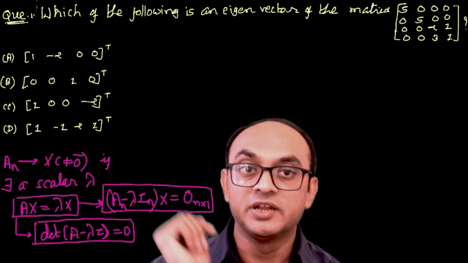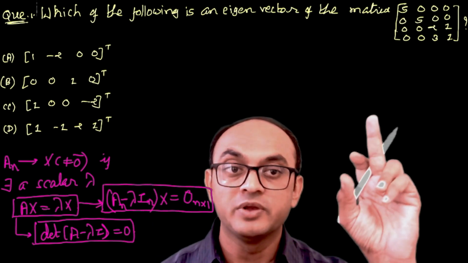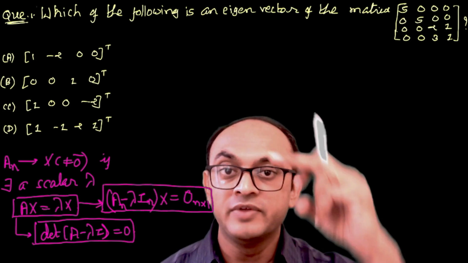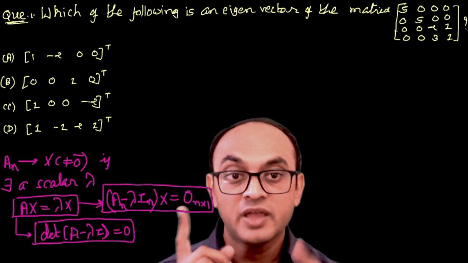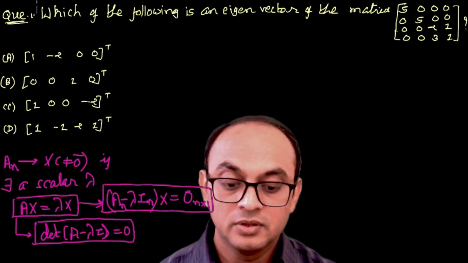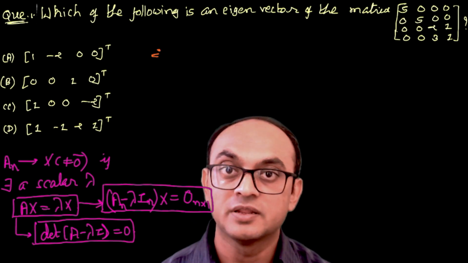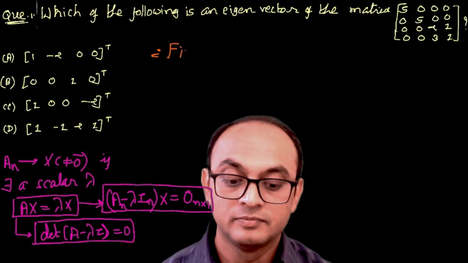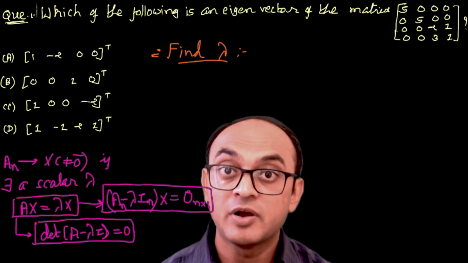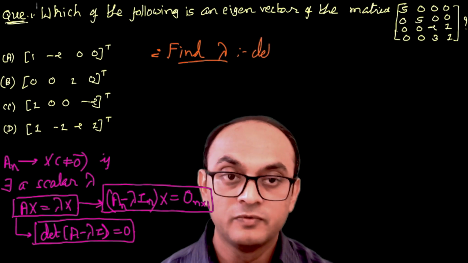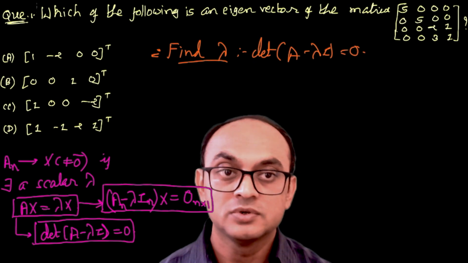Now what is the question here? We are given the matrix A and we need to check which of these four vectors is the eigenvector. So we have two options. Method number 1: find lambda. To find lambda, we take determinant of A minus lambda I equal to 0.